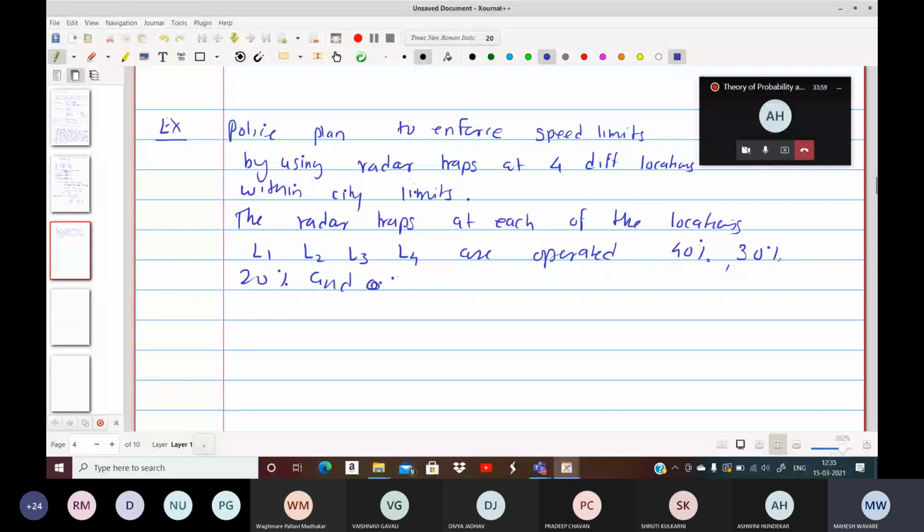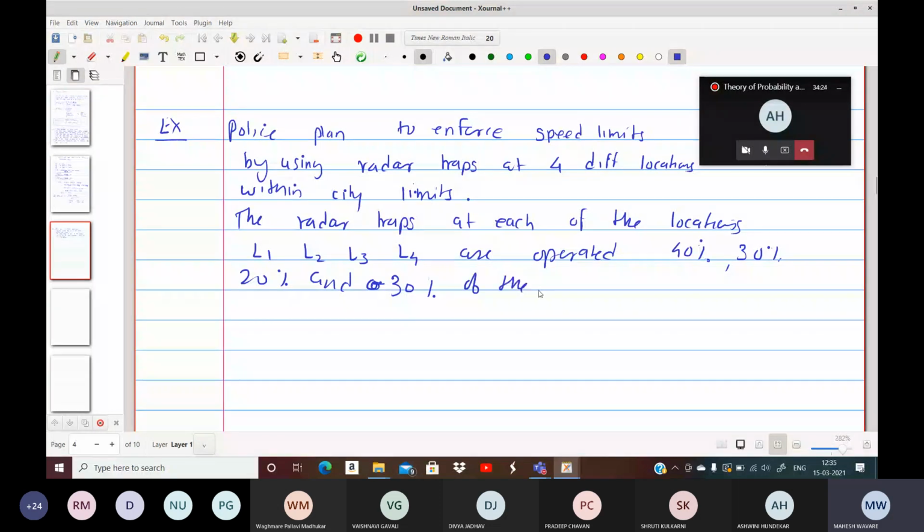So the sum is 100%. The probability of radar traps at location L1 is 0.4. The probability that radar traps at location L2 is 0.3. And if you see, the sum of all these constitutes 1. So definitely this forms a partition of the sample space.